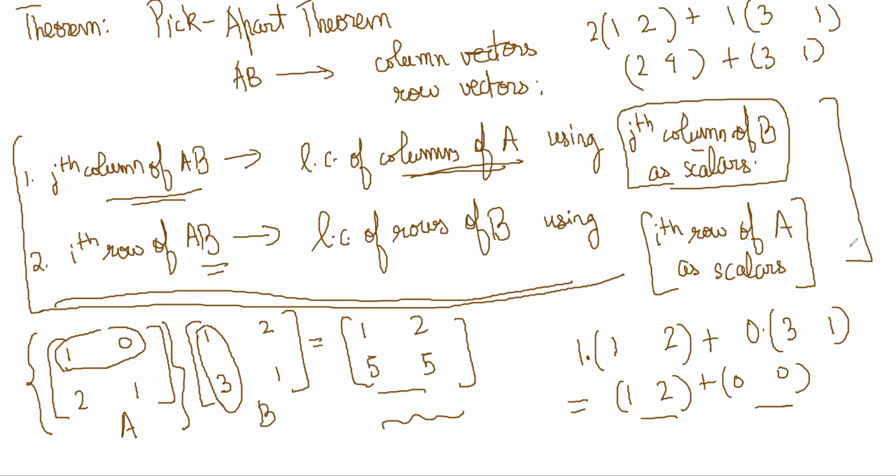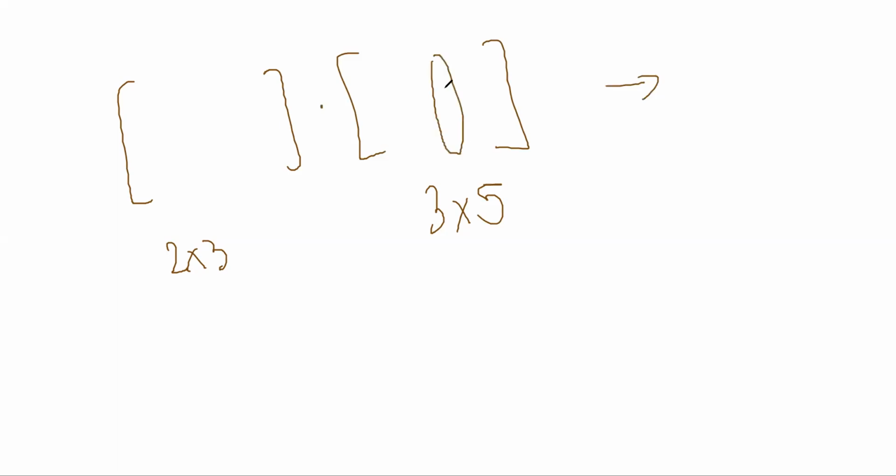Suppose you had a slightly bigger multiplication, 2 cross 3 and 3 cross 5. If it mattered only to find some particular row or column, doing the multiplication really will be annoying. If you do the regular method, to get one element you have to do a full dot product, and to get the second element, another dot product, right? You understand?